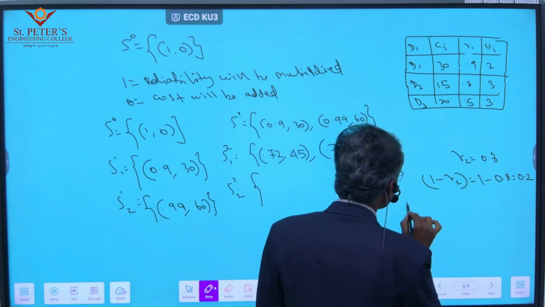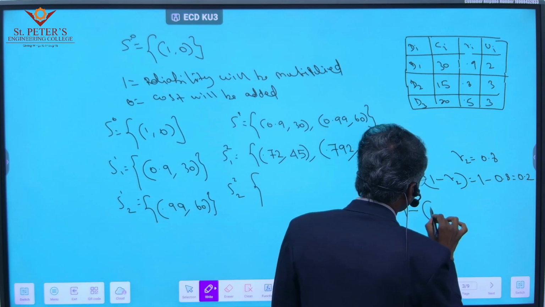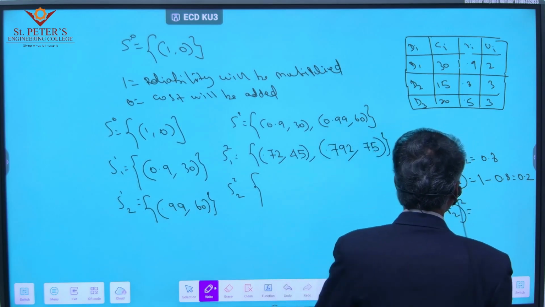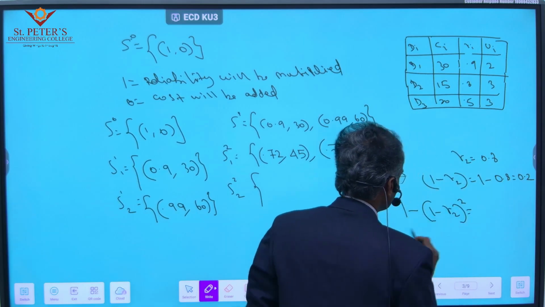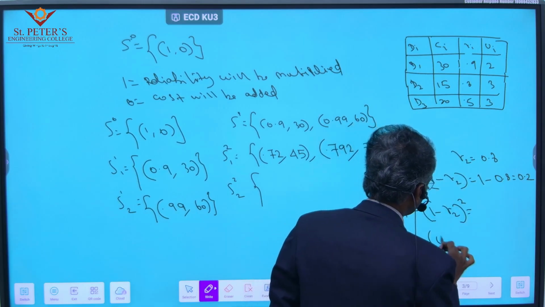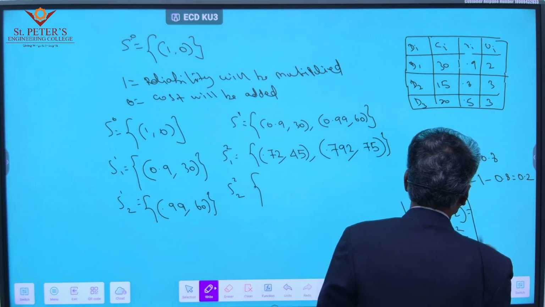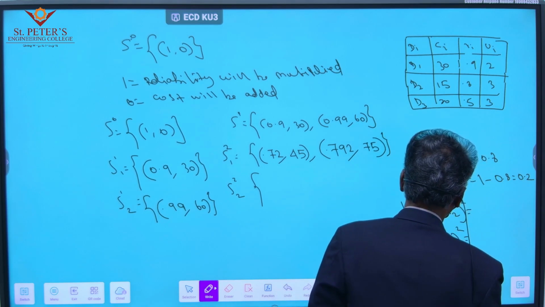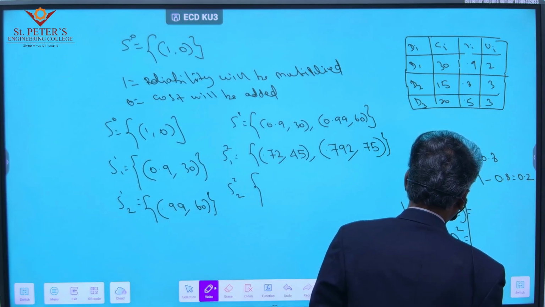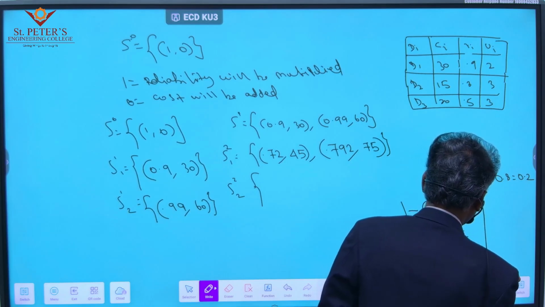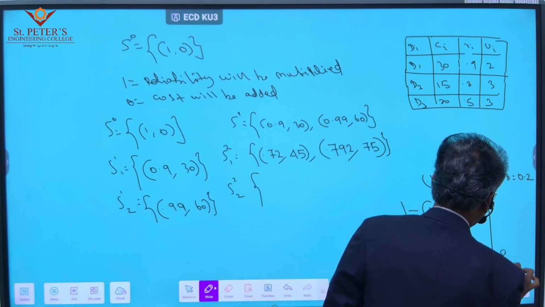For two copies, 1 minus (1 minus R2) squared, we know already, is 1 minus 0.2 squared, 1 minus 0.04, which is 0.96.